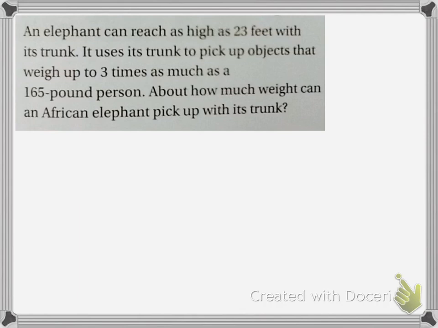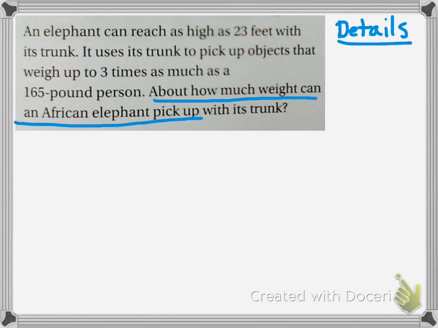Okay, so let's take down some important details. An elephant can reach as high as 23 feet with its trunk. Wait, I don't know if they're talking about height. Let's see. About how much weight can an African elephant pick up with its trunk?